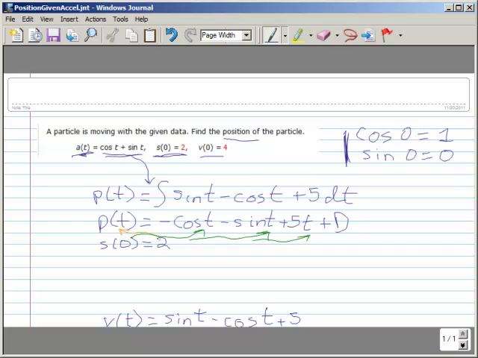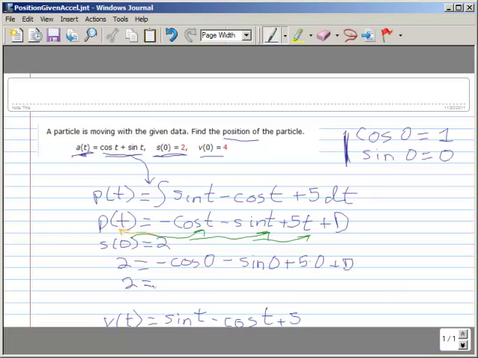So plugging these things in, we get 2 is equal to, with 0 plugged in for t, negative cosine of 0 minus sine of 0 plus 5 times 0 plus d. We're going to solve for d here.